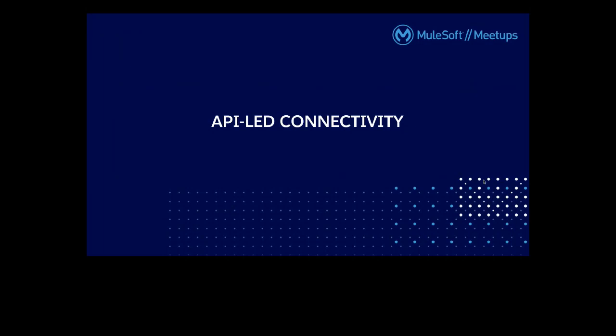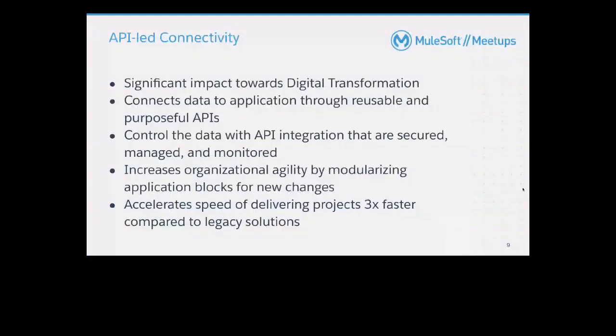So again, what is API-led connectivity and why is it so important? API-led connectivity is proven to have a significant impact in achieving digital transformation. It is a methodical way to connect data to the application through reusable and powerful APIs. These APIs unlock data from systems, compose data into processes, and deliver it to an experience.